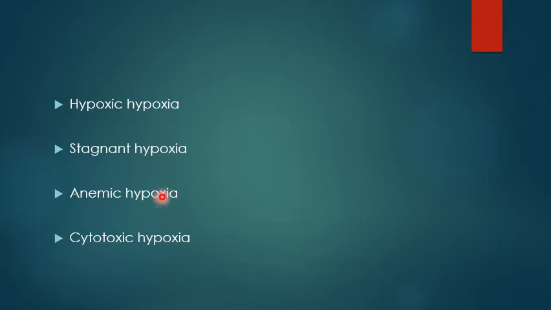In anemic hypoxia, the oxygen content of blood, this 20 ml per 100 ml, is derived assuming that the hemoglobin is around 14 to 15 grams percent. So instead, if the hemoglobin is only 8 grams, that is the normal transfusion trigger, isn't it? Less than 8 grams is called a trigger for transfusion. You have to transfuse blood.